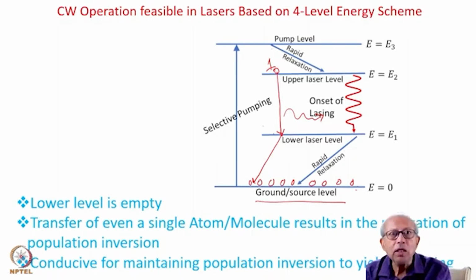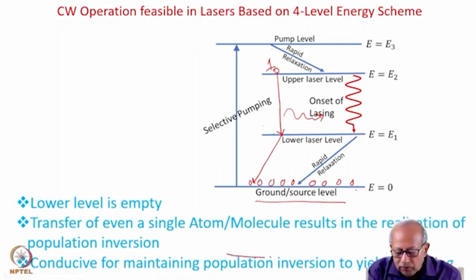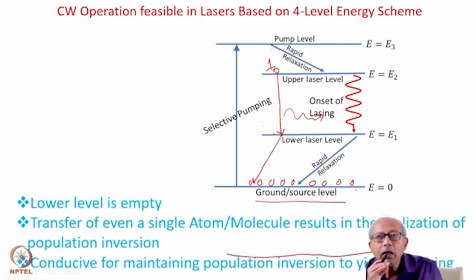And thus you see, such a four-level energy-based laser is conducive for maintaining population inversion in a continuous manner to yield a CW laser.